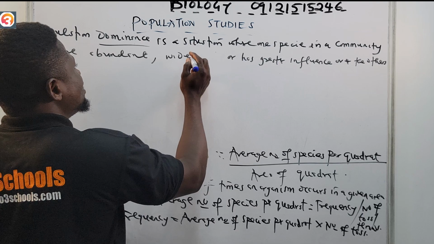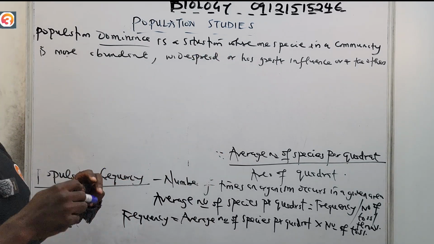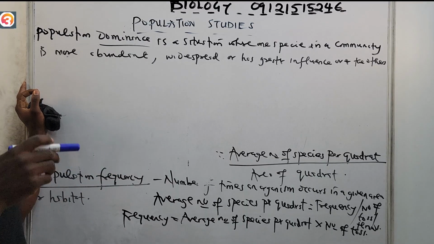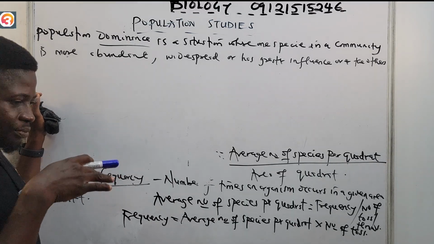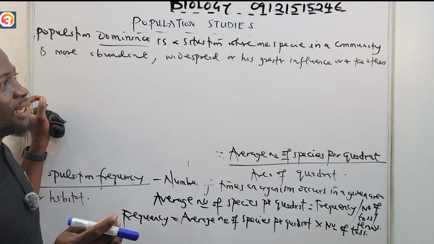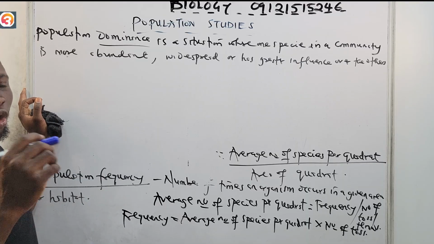Okay, it's a situation where one species in a community is more abundant than in many parts of that community, more widespread, or has greater influence over the others. That is population dominance.